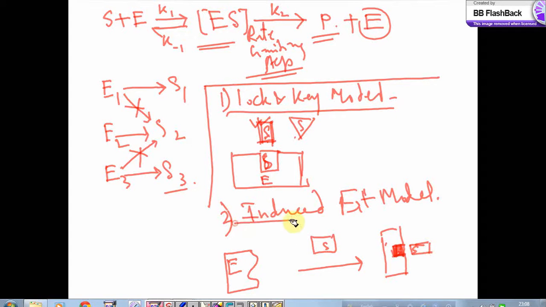Initially the structural complementarity was not there, so these two structures are very dissimilar, but as the substrate approaches the enzyme, it will open its functional area, and so the suitable substrate will enter that space and form the ES complex and proceed with this reaction.